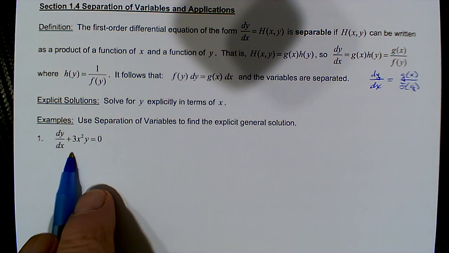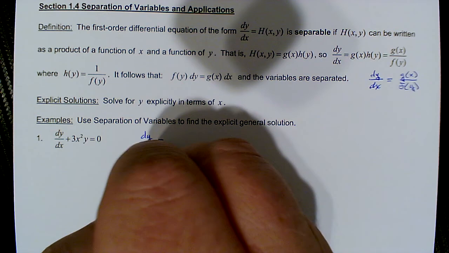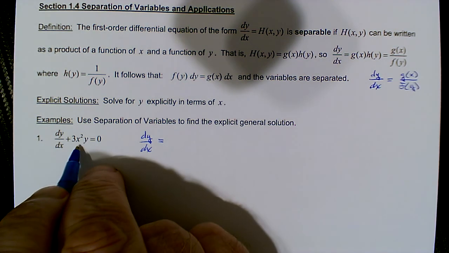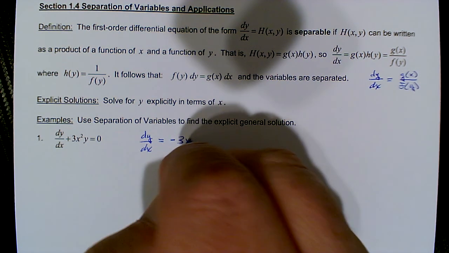So here's our first example, and we first need to obtain standard form, which is dy/dx equaling some function of x and y, so we'll need to transpose this 3x squared y, so that becomes minus 3x squared y.